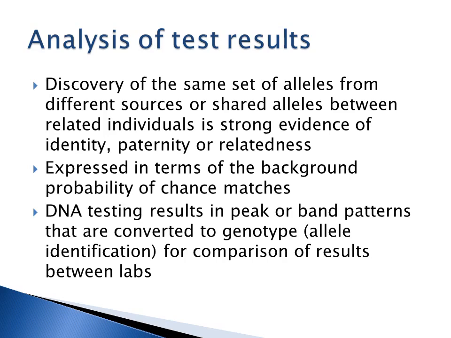Because if one lab runs a gel and another lab runs a gel, it's very difficult to determine that both 2 bands are absolutely the same. So if you convert your bands into a genotype compared to a standard, then 2 different labs can say, well, I got genotype 6-8, and it's much easier to compare the results.